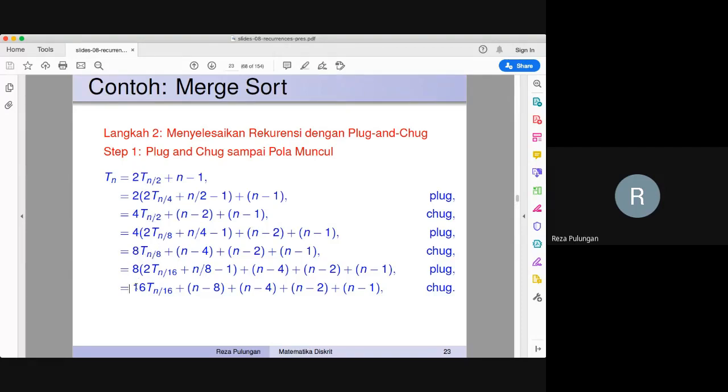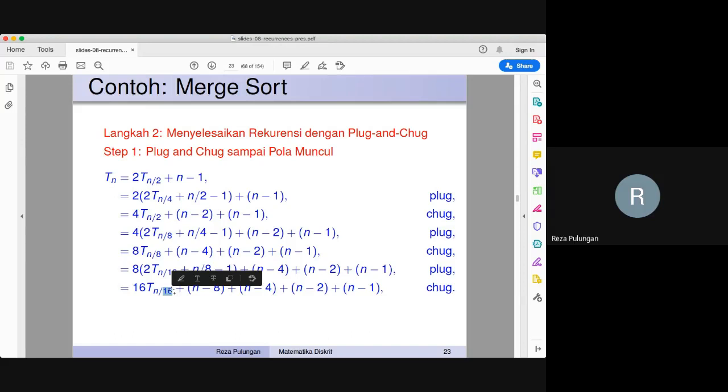The fourth step, n divided by 16. You see? Now, n divided by 8 here, 8. N divided by 4, 4. N divided by 2 multiplied by 2. N divided by 16, 16. So, what is here? 16.